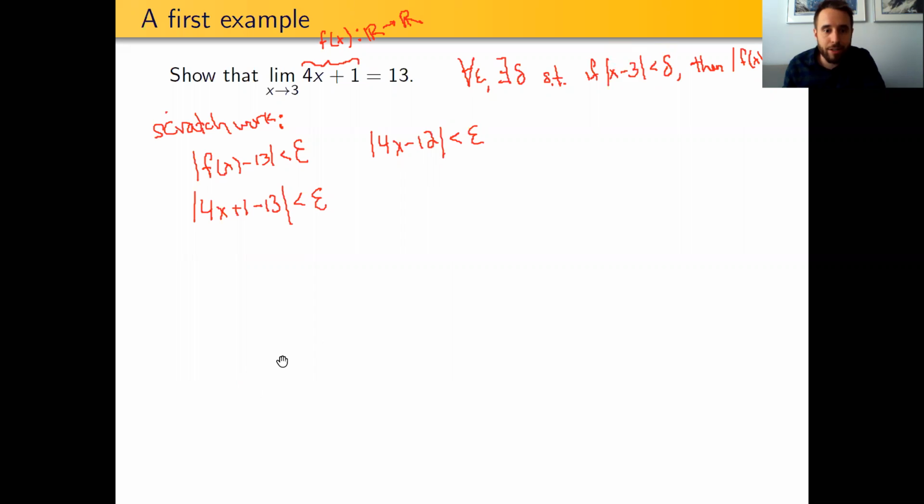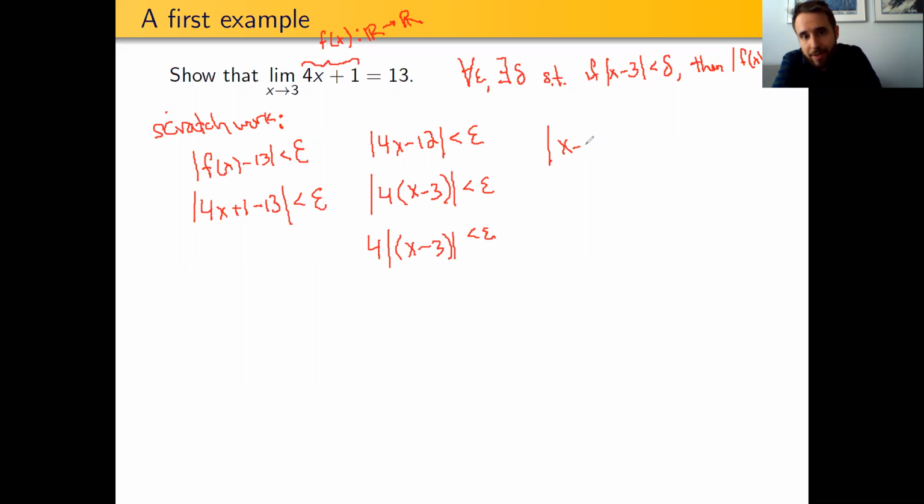So let's really draw attention to that. This is like 4 times absolute value of x minus 3 is less than epsilon, right? Because 4 is a positive number, I can just pull it outside of the absolute value sign. And so we're going to end up with an expression that looks like this: x minus 3 is less than epsilon over 4.